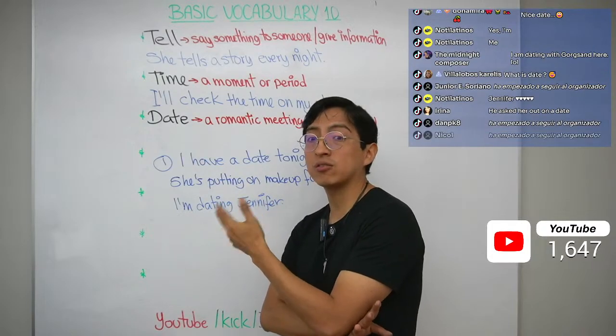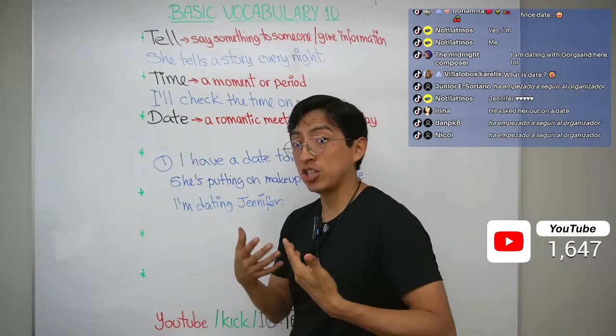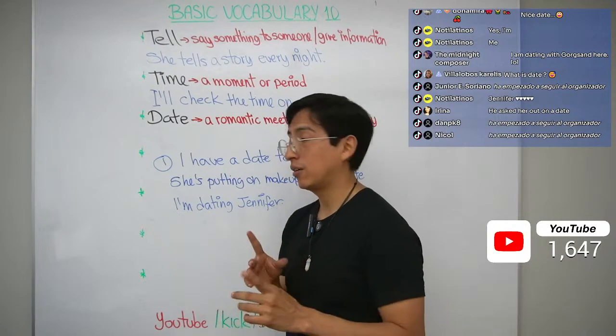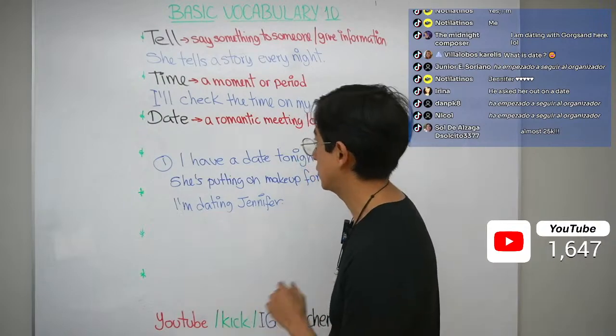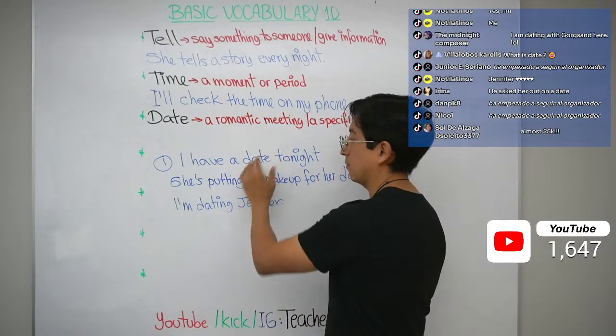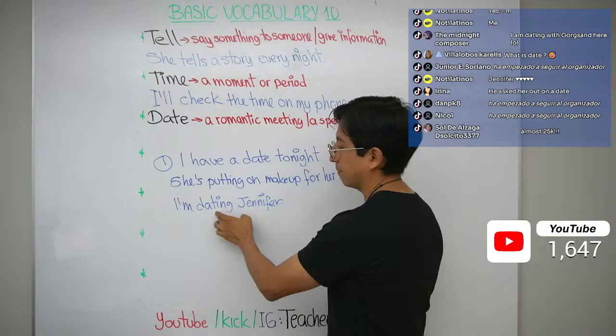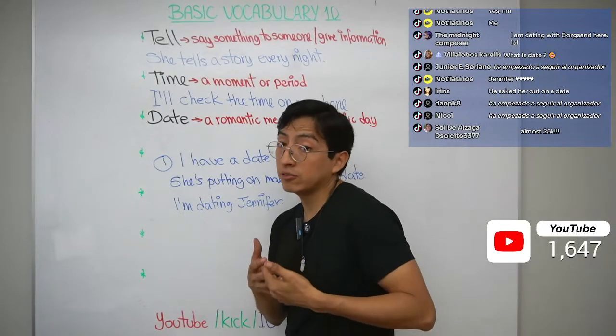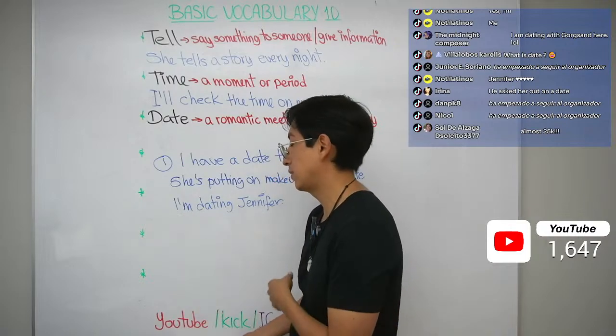It means that she has a relationship. She's not available. So be careful with this because a date could be something romantic, but if you use it as a verb, it indicates that you're in a relationship. Okay, that is the difference.